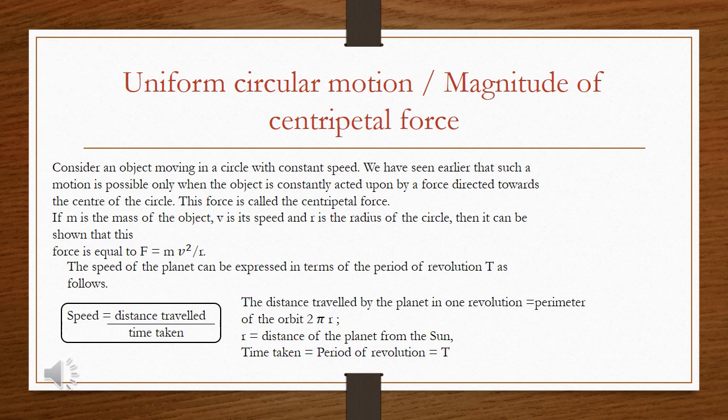Here the speed of the planet can be expressed in terms of the period of revolution. We know that the formula of speed is the distance traveled upon time taken. The distance traveled by a planet in one revolution is just the perimeter of the orbit, and we know that the formula of perimeter is 2 pi r, where r is the distance of the planet from the sun, and T is the time period of revolution.